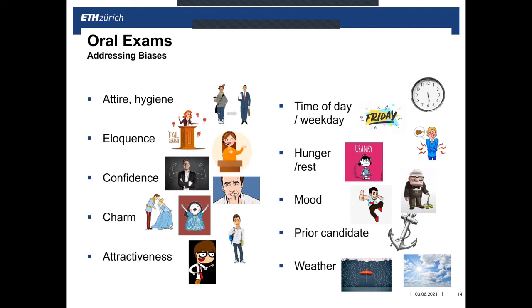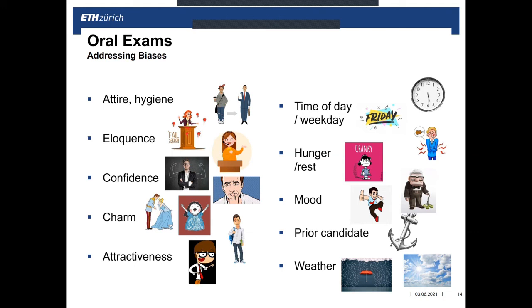However, we can mitigate these effects quite efficiently. Because these effects unduly affect our judgments, especially when we are not aware of them. So let's say you had a very nervous, not eloquent candidate with maybe questionable attire. And this candidate might have made you feel uneasy during the exam.